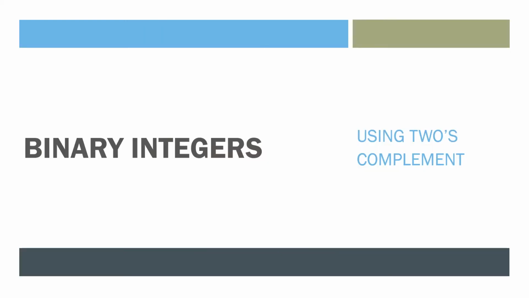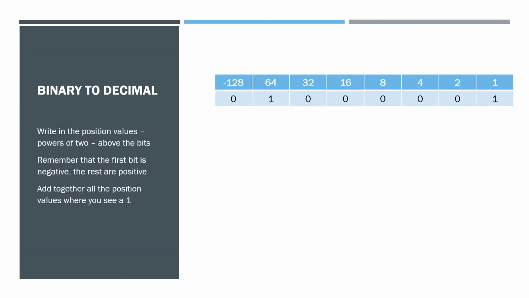So let's quickly look at how binary integers are formed using the 2's complement method. If we need to convert a 2's complement number from binary to decimal, we write in the position values, they're powers of 2, and we write them above each bit. And remember that the first one, the most significant one, is negative and the rest are positive.